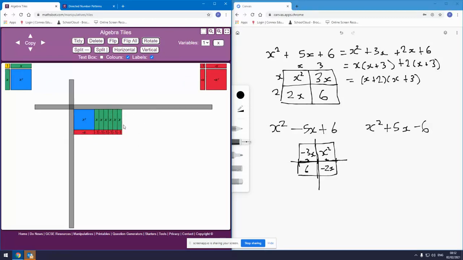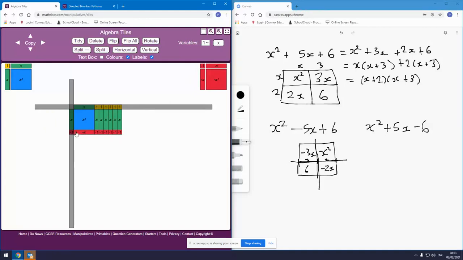So I'm going to have to create a 0 pair there with an x and a negative x. And this still has obviously the same value as the previous thing. It's still x squared plus 5x minus 6. But it's possibly a little bit harder to see that that's the case, and that that's what I'm going to need to do. Okay, obviously at that point, we have the x plus 6 and the x minus 1.